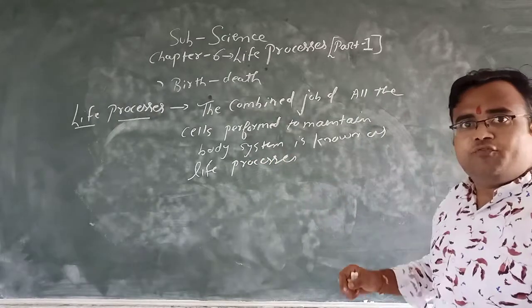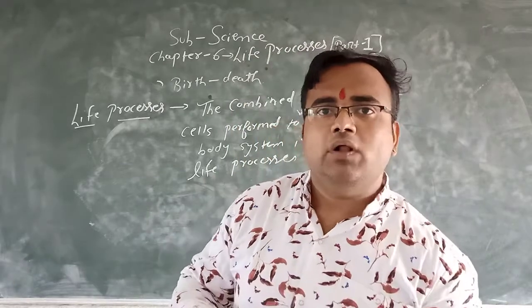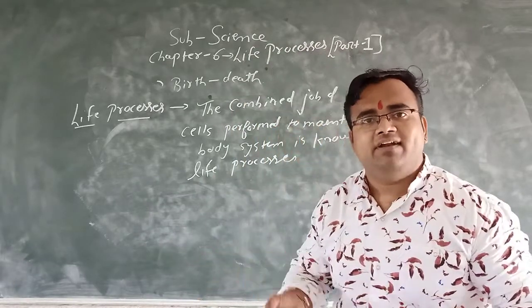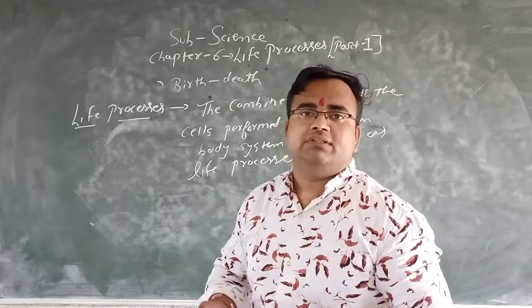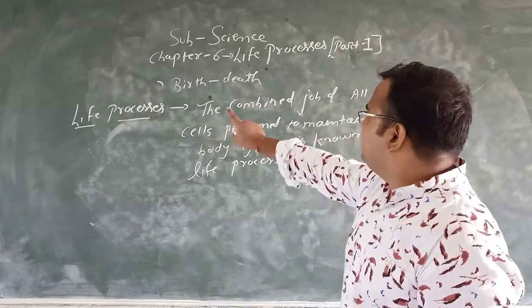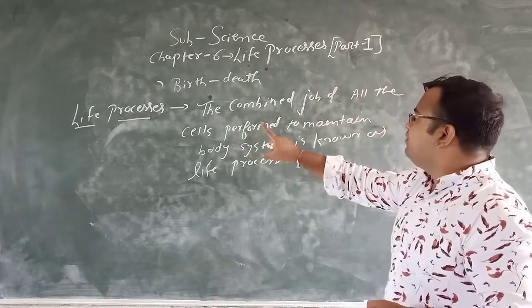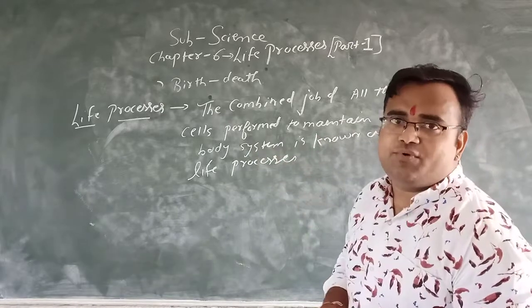The cells combine and perform all the activities we have mentioned: digestion, absorption, excretion, circulation, respiration. So the combined job of all the cells performed to maintain the body system is known as the life process.